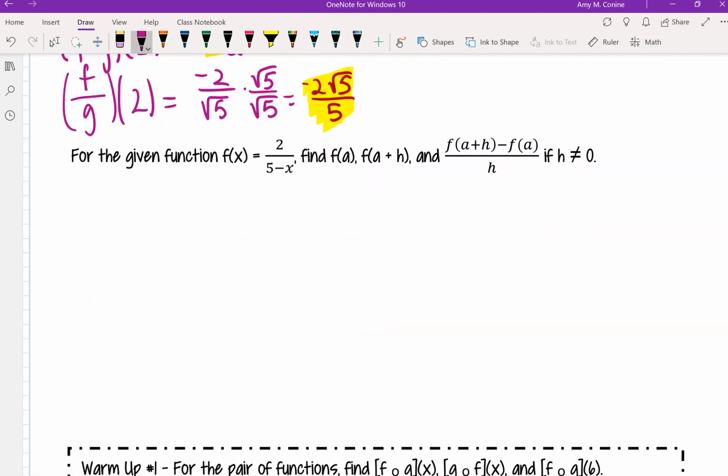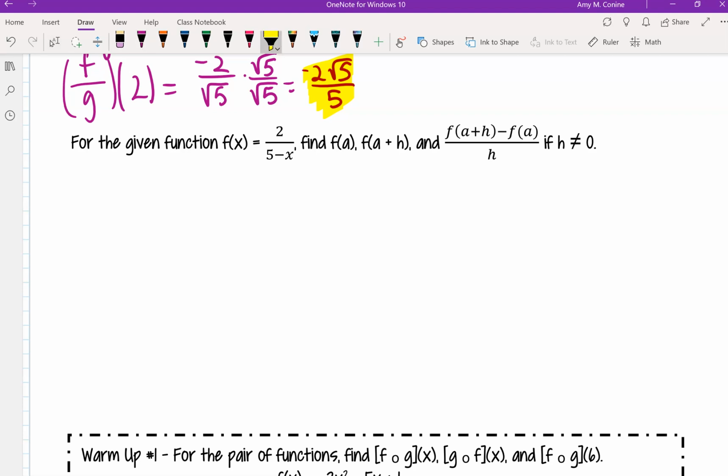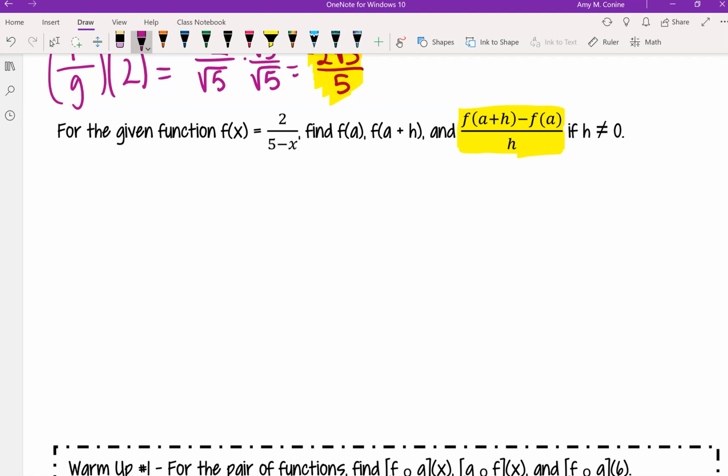Okay, so this last one, this formula right here is going to be important for you. It's called the difference quotient, and we are going to talk about it in this unit. You do need to know that for AP Calc, so we will talk about that more in depth in a later section, but we can use function notation and composition of functions and operations with functions to actually do this without actually knowing what we're finding.